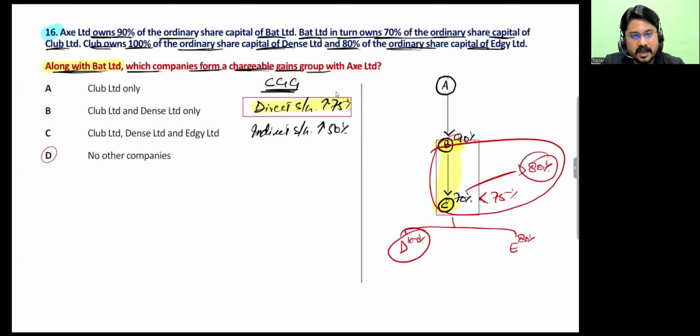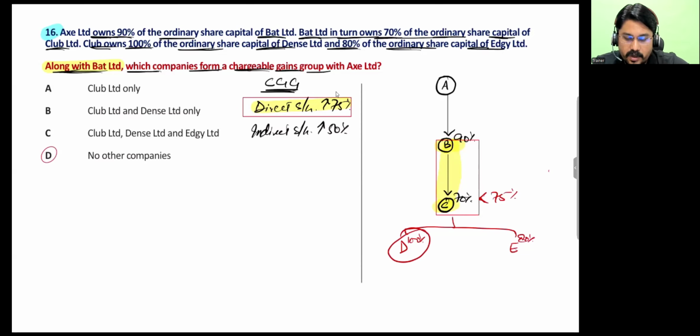But as over here the relationship between B and C is less than 75%, the direct shareholding condition is missed out. That's the reason company D and company E, no other company, only A and B will form the capital gain group and no other company.